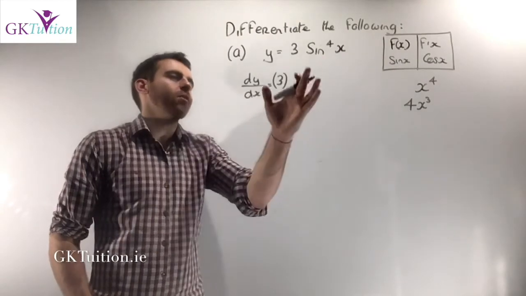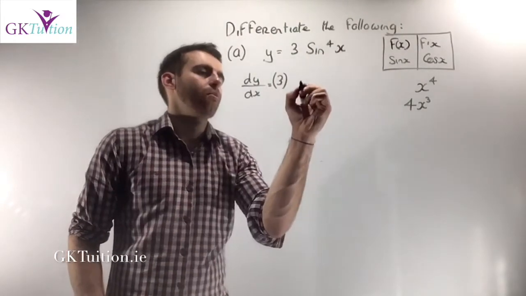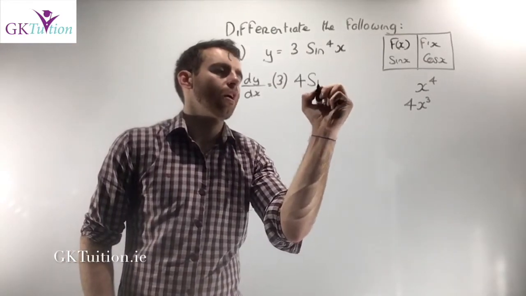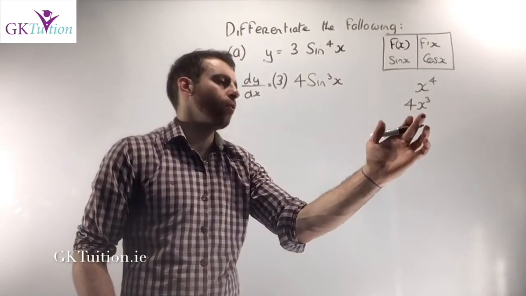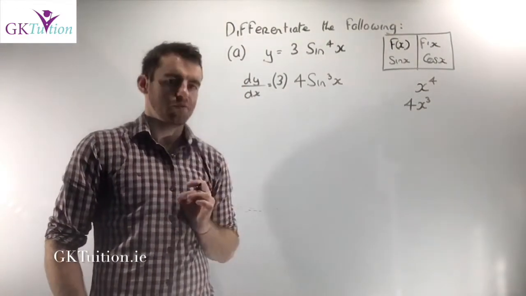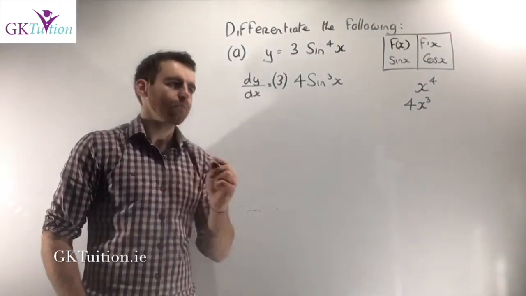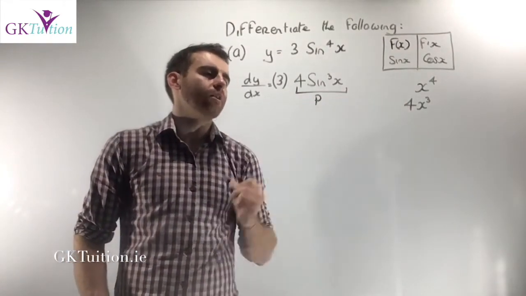So that means I know that if I have to differentiate sine to the power of 4x, it will become 4 sine to the power of 3x. X to the power of 4 becomes 4x to the power of 3. Sine to the power of 4 becomes 4 sine to the power of 3. And I keep the angle. So that is my trig dealt with. That's my power dealt with.